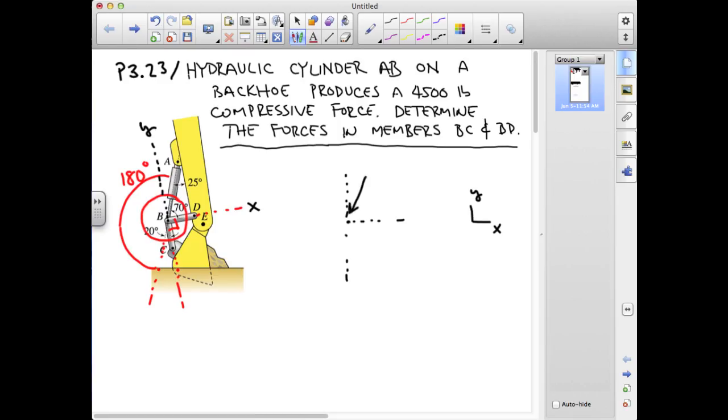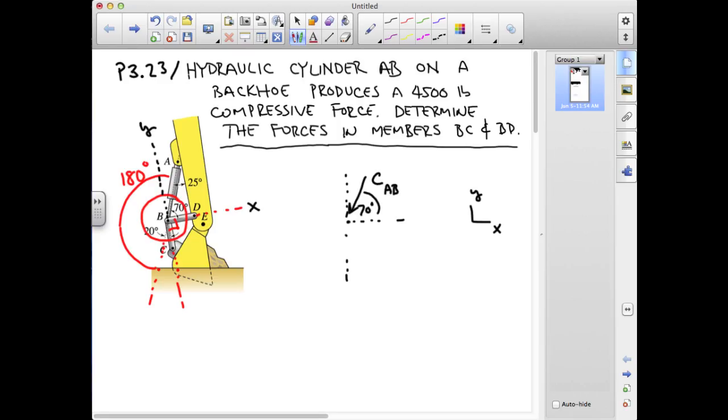So I'm going to call this the compression in AB, and that's going to make this 70-degree angle with the axis that goes through member BD. Now what I can see from that is that the force that's provided by BC is going to have to react the vertical component of the compression in AB, and member BD is going to have to react the horizontal component.